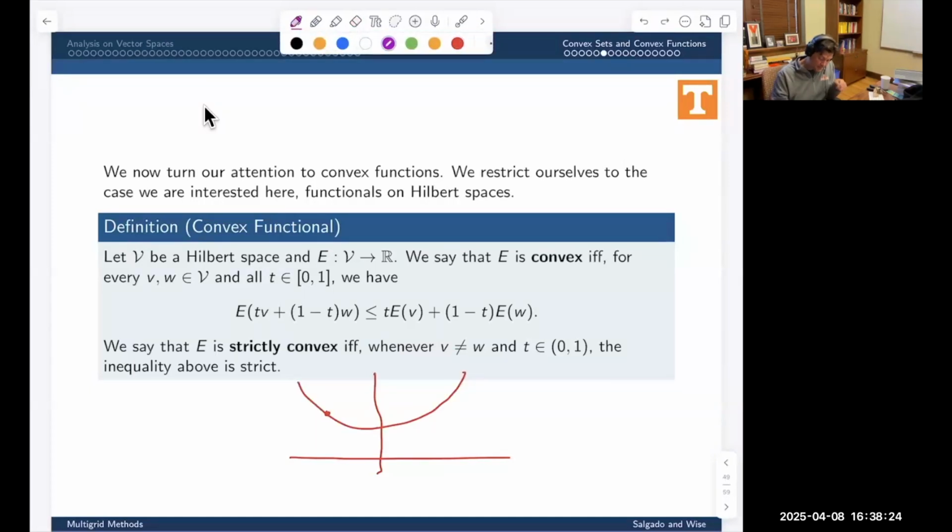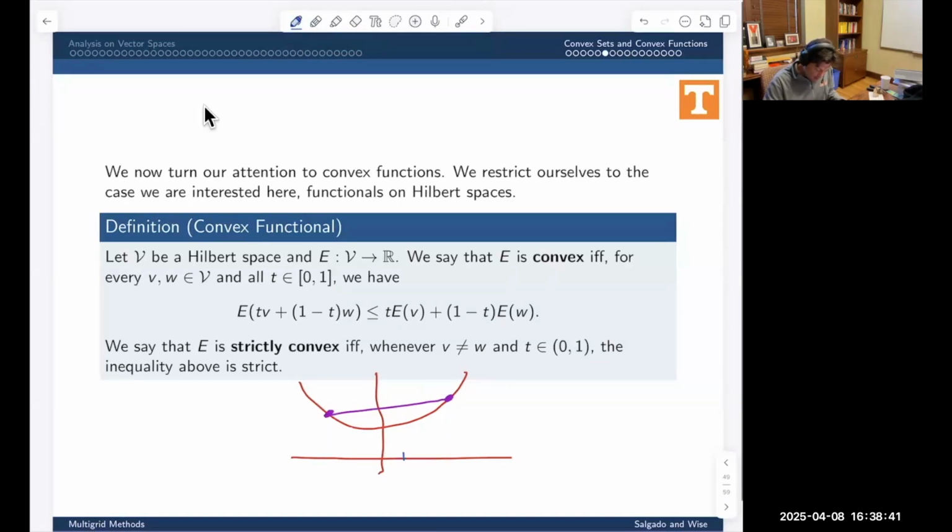Let's make the secant line purple. And what you want to show is that any point along the secant line lies above the point on the function itself. I've got these fixed points here and here, so that's going to be V and W, and somewhere in the middle is going to be a point called x, let's say.